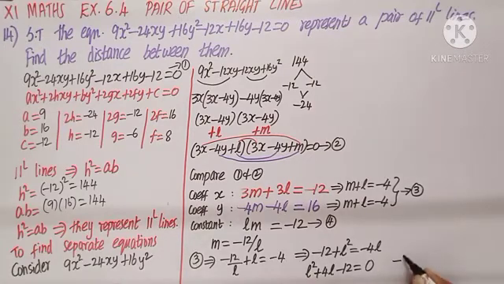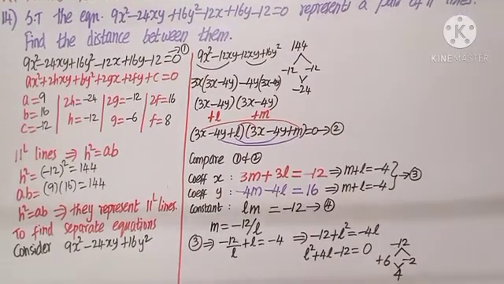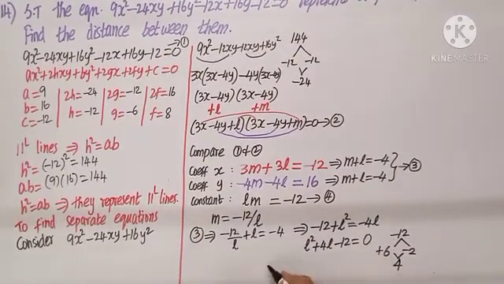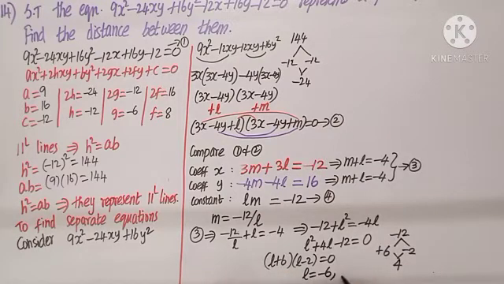Factorizing this: minus 12, I need plus 4. The two numbers are 6 and 2. Plus 6, minus 4 is plus 4. So what are the two factors that I get? L plus 6 into L minus 2 equals 0, or L is equal to minus 6 and 2.